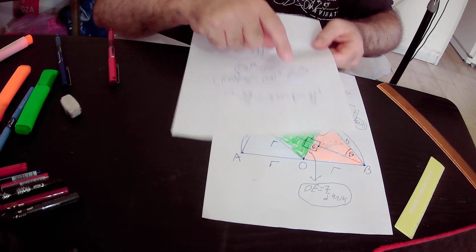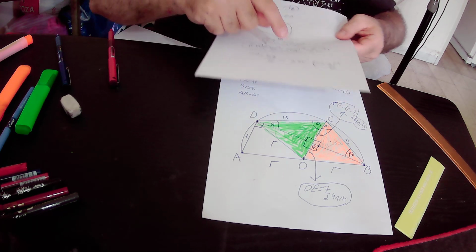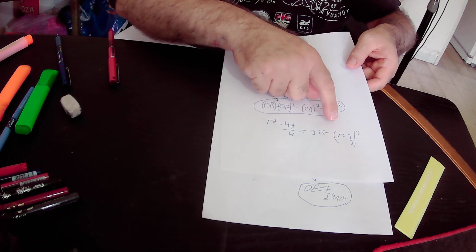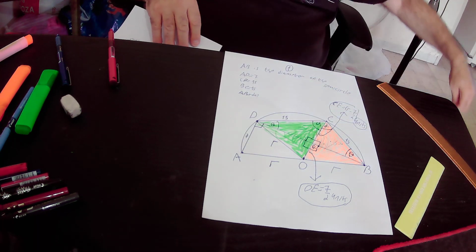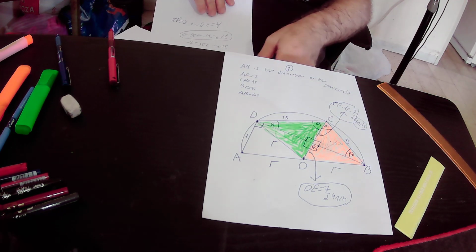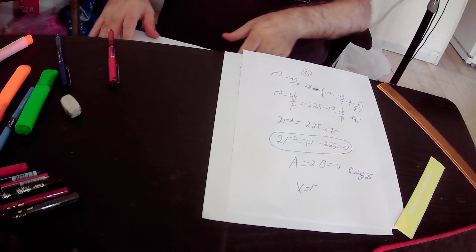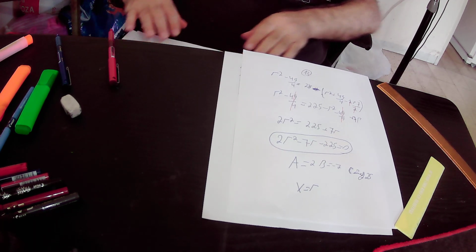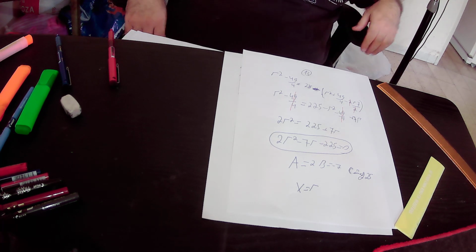And CE equals R minus 7 over 2 units, so EC square equals R minus 7 over 2 square. After we solve this simple equality, we arrive at a quadratic equation: 2R square minus 7R minus 225 equals 0.